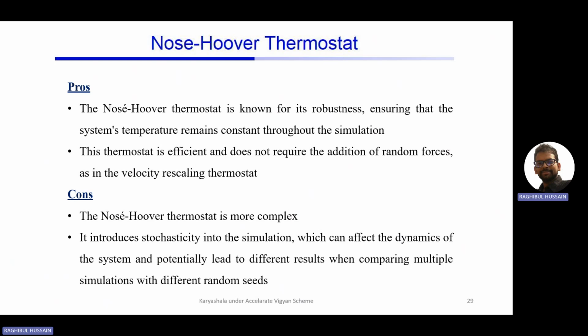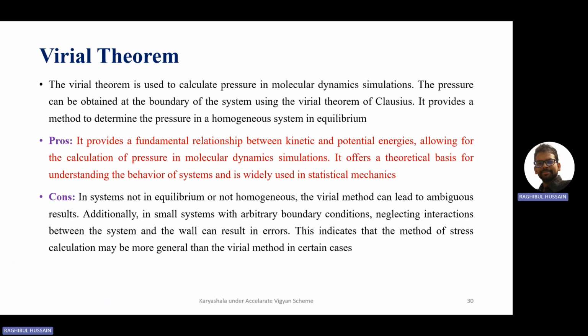Now for the pressure calculation, we go for the Virial theorem, and from there we can go to the barostat. So this is the Virial equation of state. Z is PV by RT.